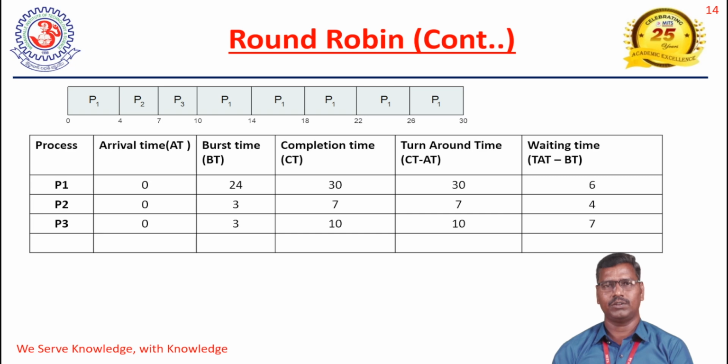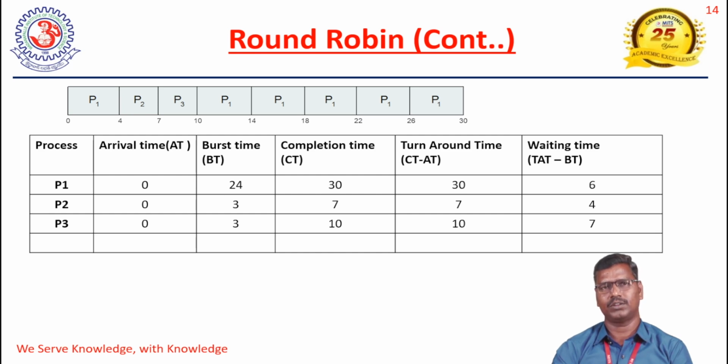And the waiting time is to be calculated for each and every process. First, for P1, turnaround time 30 and burst time equal to 24. That is 30 minus 24, 6 only. That is the waiting time for P1. Next, P2 turnaround time is 7 and burst time equal to 3. 7 minus 3 is 4.